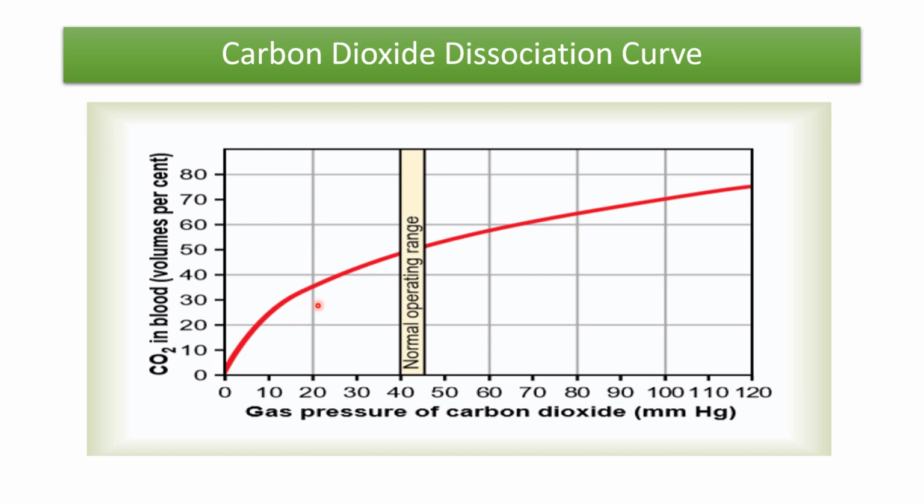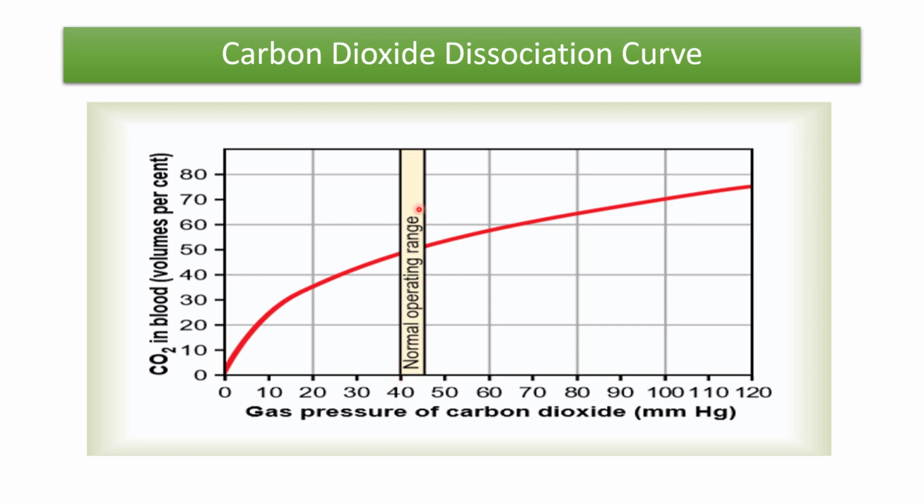But practically, in the body, the partial pressure of carbon dioxide in arterial and venous blood varies between 40 and 45 mmHg. In the arterial blood it is 40 mmHg, while in the venous blood it is 45 mmHg, which is a very narrow range.